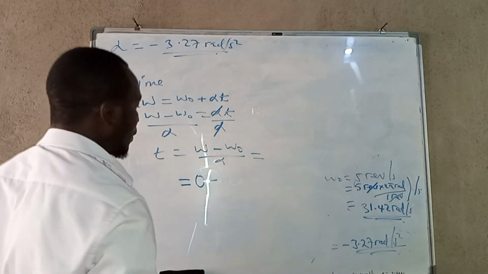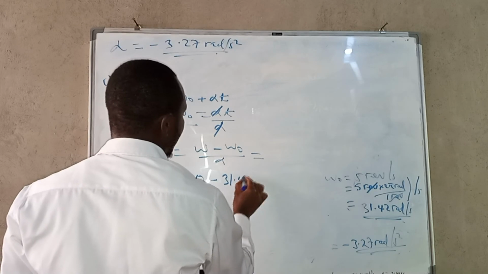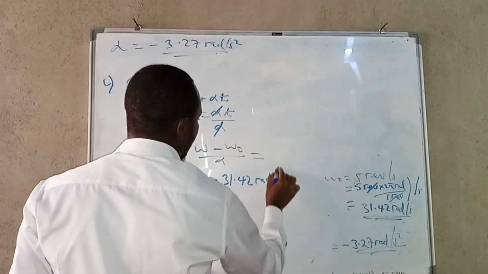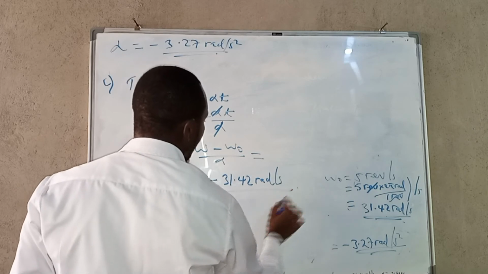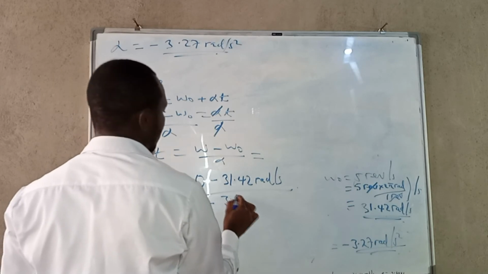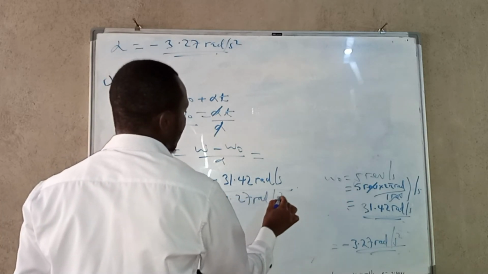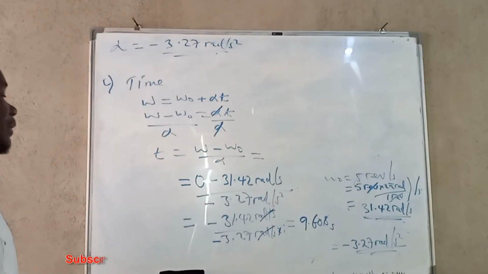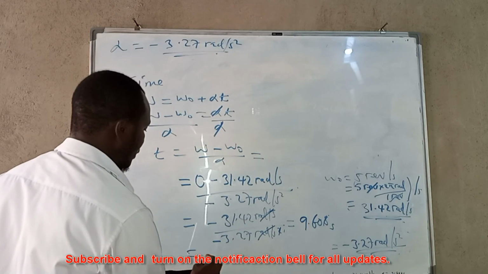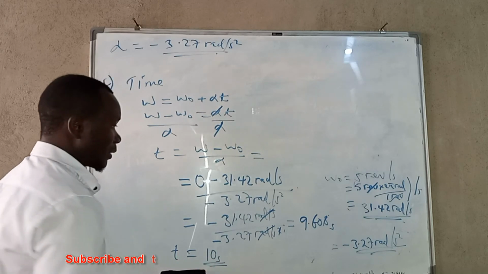Then the initial angular speed is 31.42 radians per second, over negative 3.27 radians per second squared, the unit. From this, we can round it off to time is equal to 10 seconds. So this is the value.